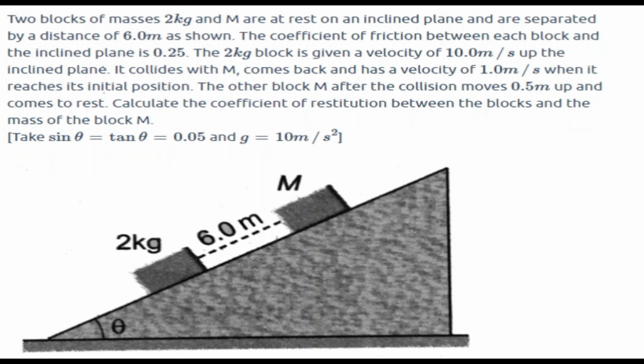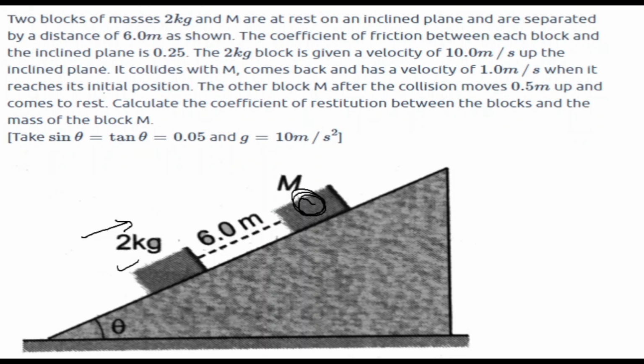The 2 kg block, that means this block, is given a velocity of 10 meter per second up the inclined plane. That means in this direction it is given a velocity of 10 meter per second. This block collides with this block of mass capital M, and then comes back to the same position from which it started.